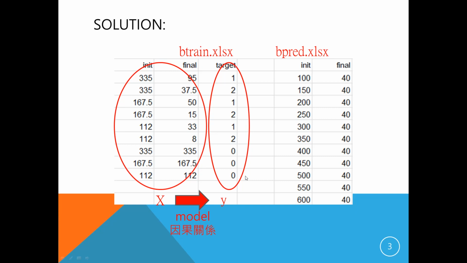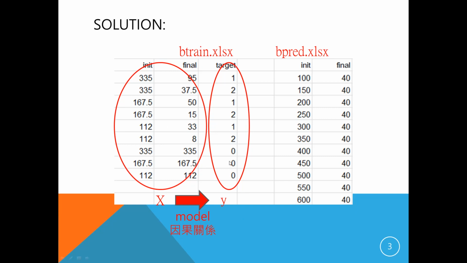And our solution is here. From the lab, we have the initial concentration, final concentration, and the dosage. Here, we name the dosage column the target. From the mathematical view, that's the x and y relationship, and our model wants to demonstrate the relationship between x and y.